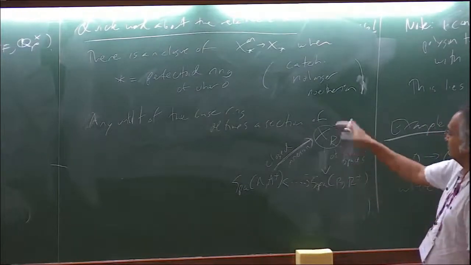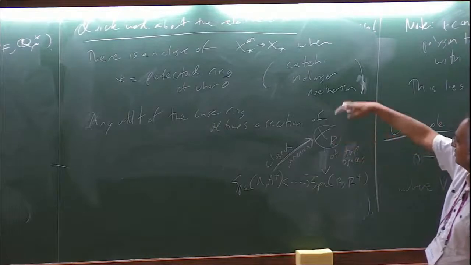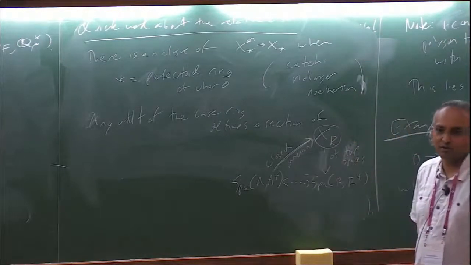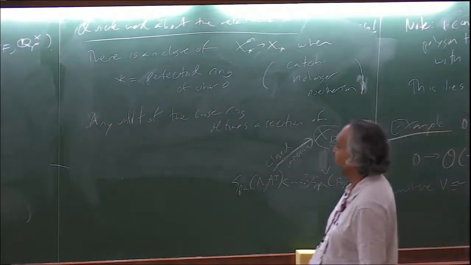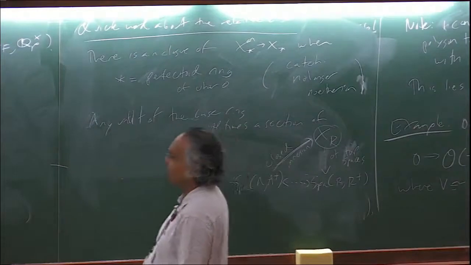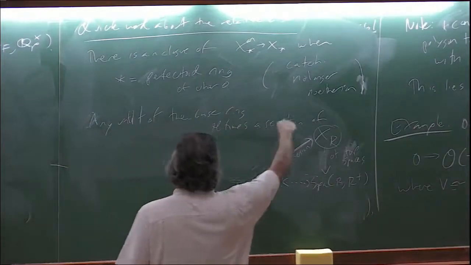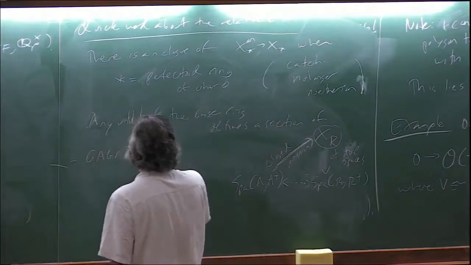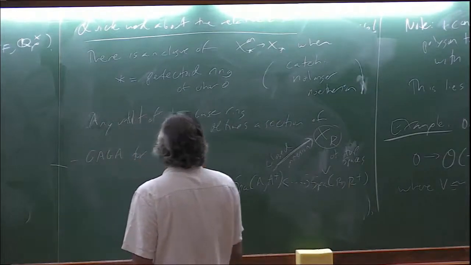Or rather, really the right way to say that is that the stack of these curves over all perfectoids is the moduli space of untilting. Yes, so there's a theory of vector bundles on these things. So there's a GAGA here, GAGA for vector bundles.